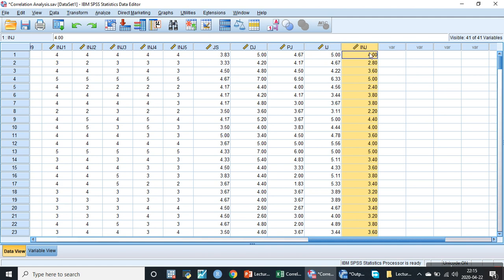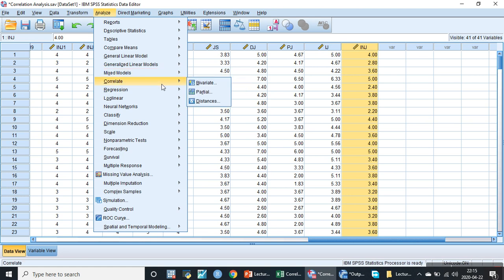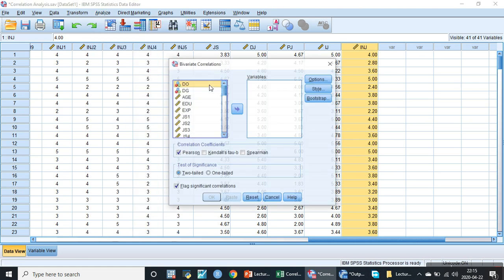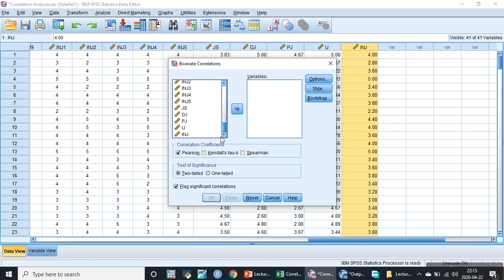For correlation analysis and further for regression analysis, we need the mean values. We do not need the single individual questions. We will run all of the rest of the analysis on the mean values. So now we are going to estimate the regression. We will click on analyze, then correlate, then bivariate, and then we will shift all of the variables.